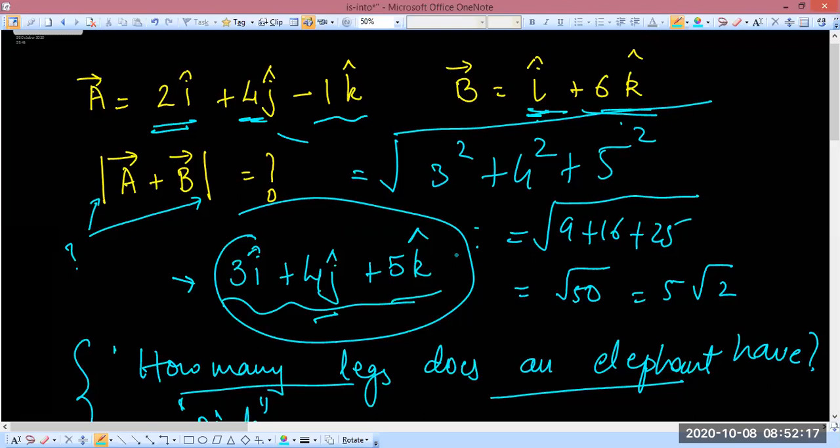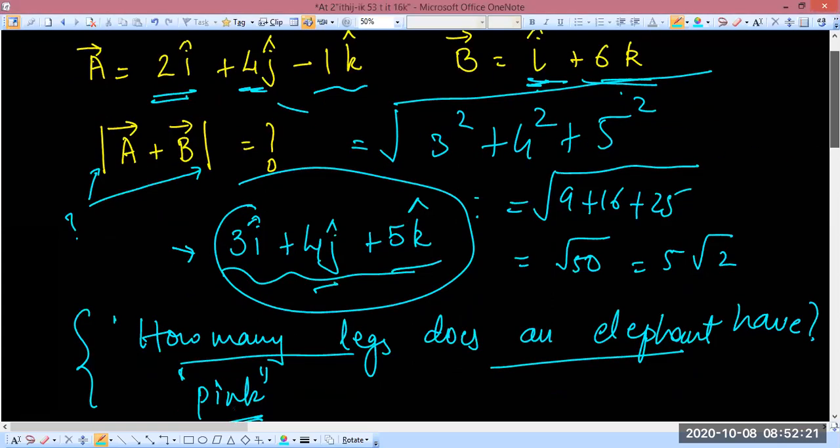So that's it. This is how you handle vectors in 3D. All right. Yes, Nandini, I understood that.